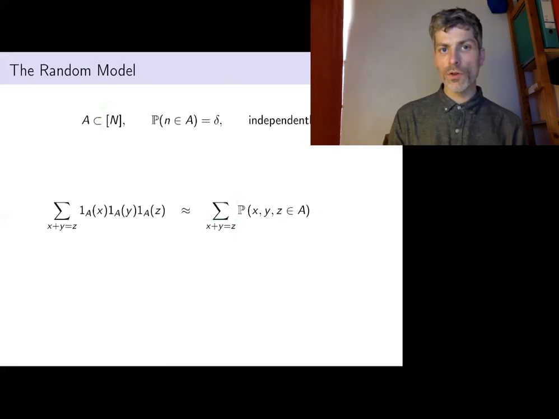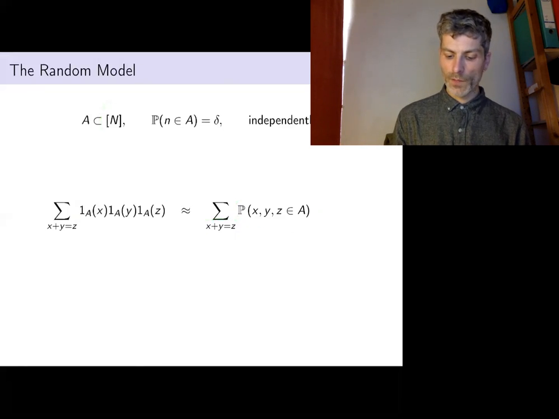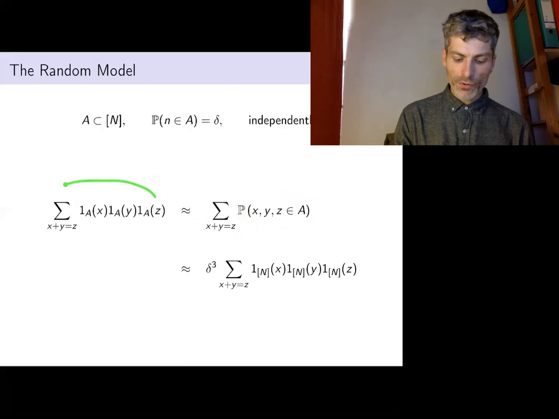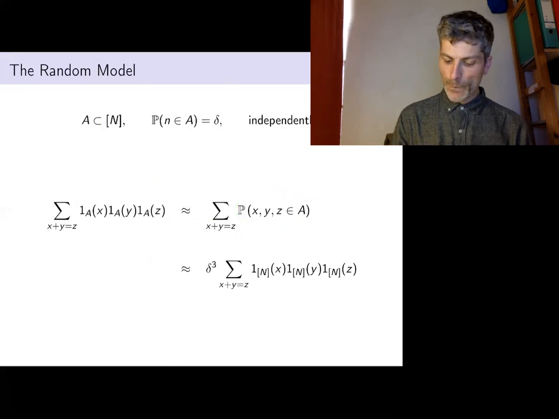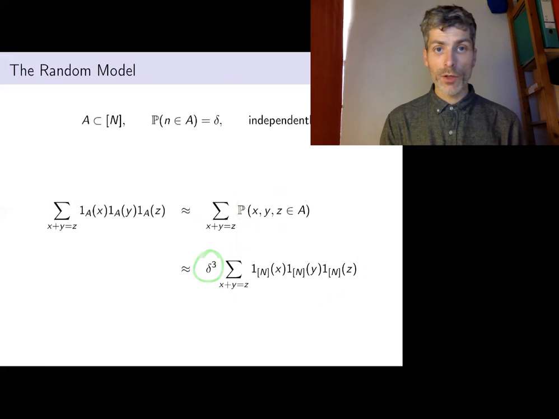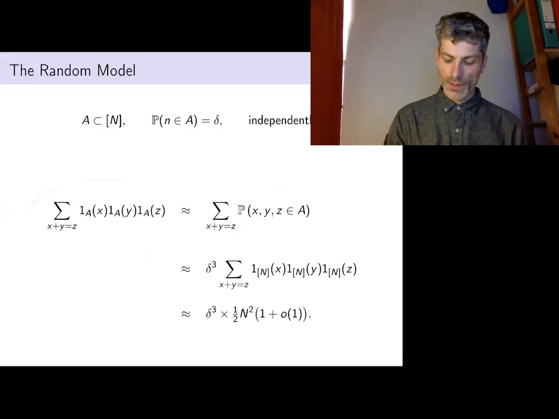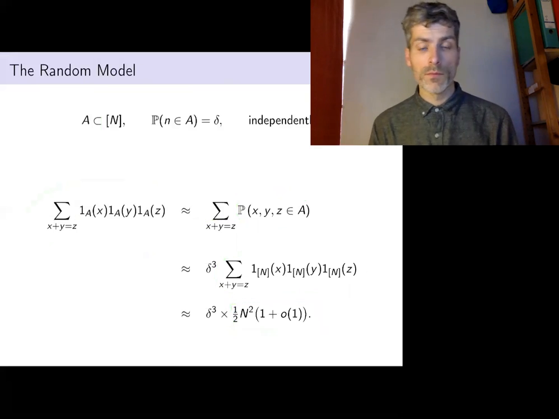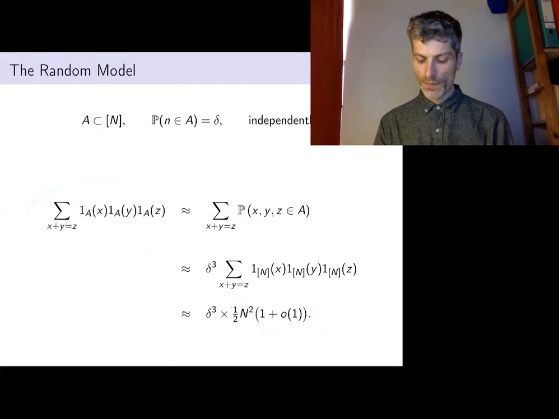So the set of solutions where two of the variables coincide is a sparse set of solutions. So you can easily show that for the majority of solutions, this number is delta cubed. So we get that the number of solutions in our random set is equal to the number of solutions in the interval scaled by a factor of delta cubed. And just to say that the number of solutions in the interval, you can easily calculate that to be half N squared up to lower order terms. That's a nice exercise.